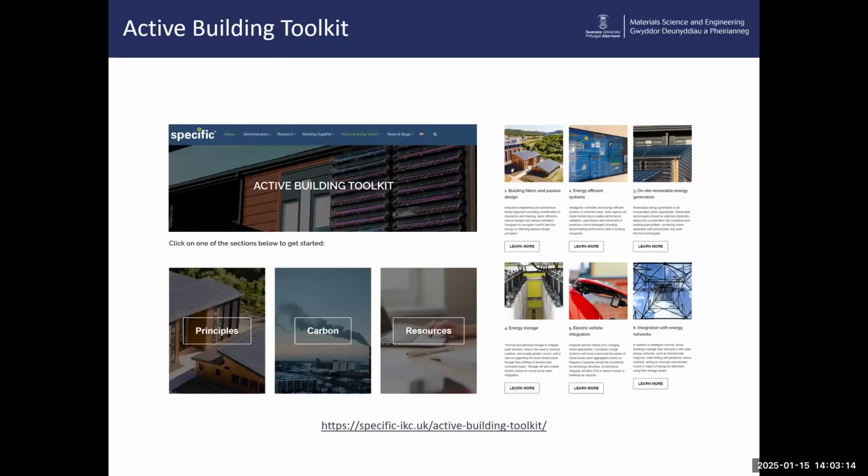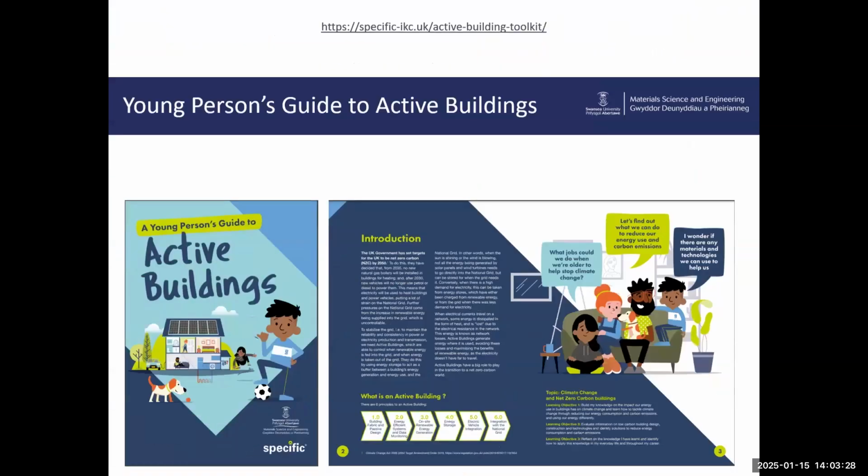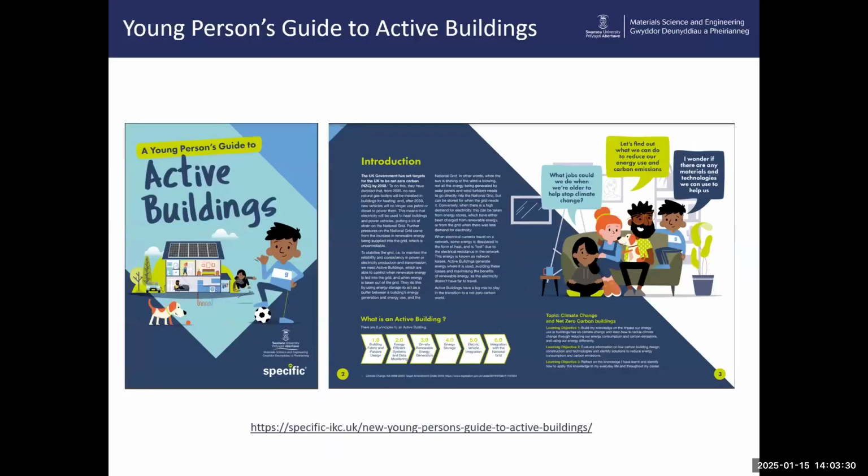Specific have also developed an active building toolkit. This can be found on Google with the link below. Extremely useful resource, and further reading as well possible there. Alternatively, or as well as, we've got a young person's guide to active buildings.